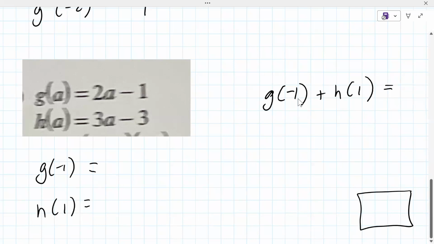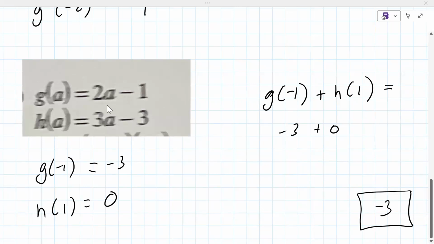Find h of 1 and then put it all in here. -3. For the whole thing. Yes. Very good.